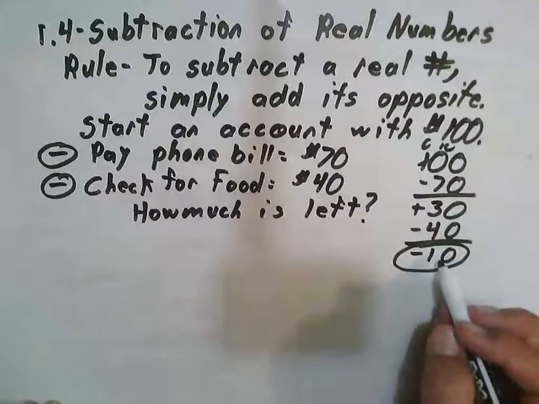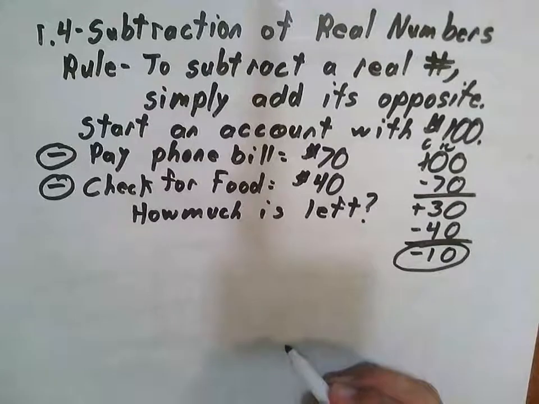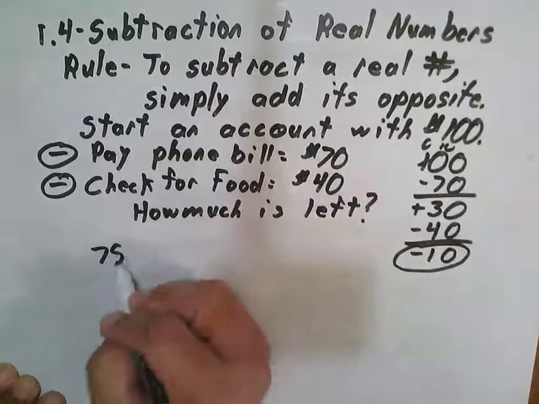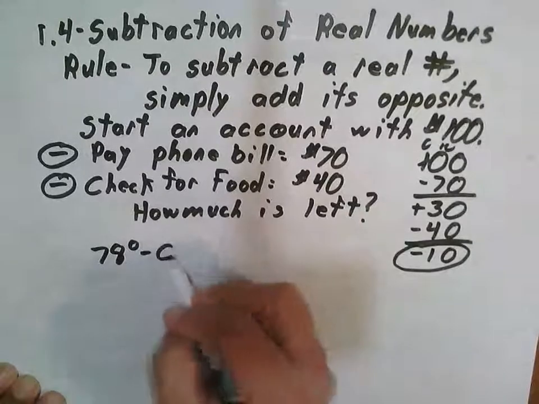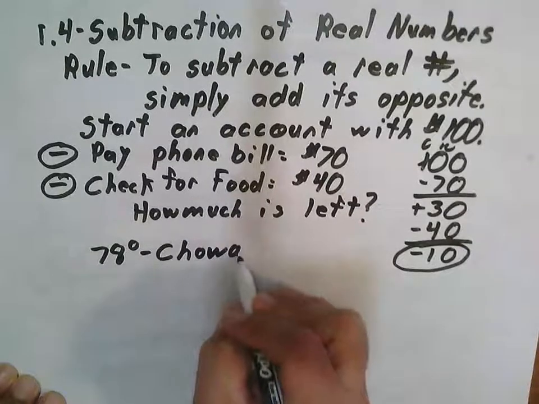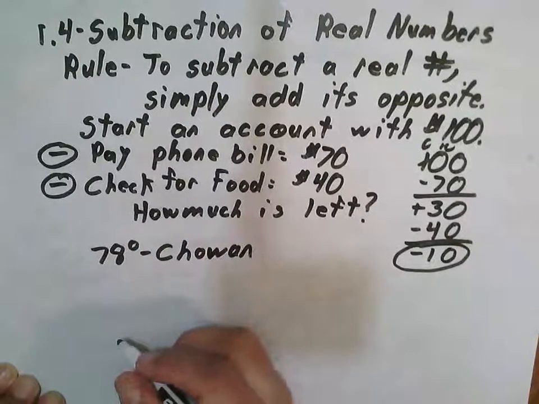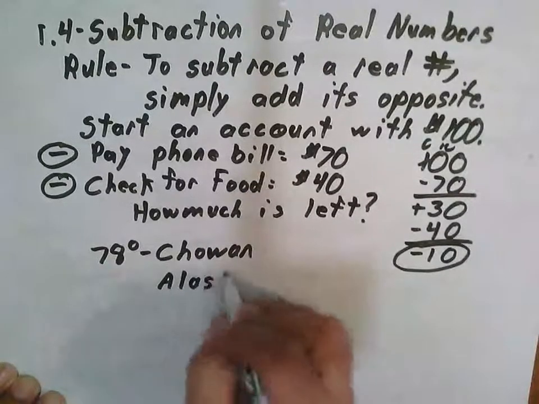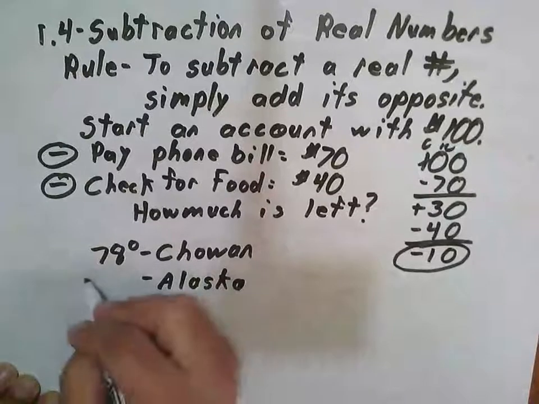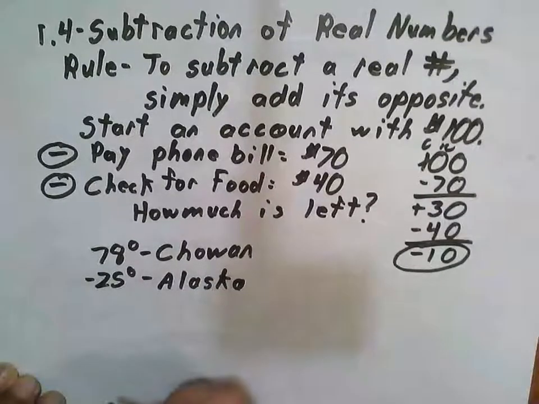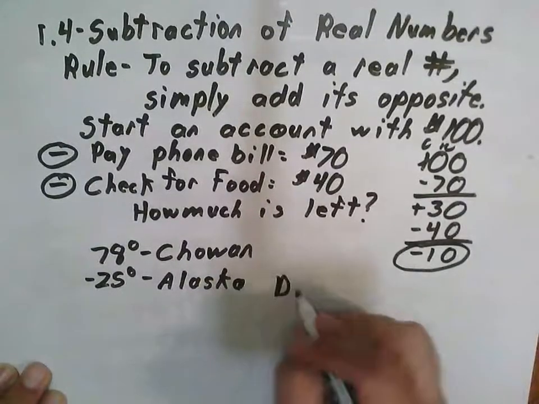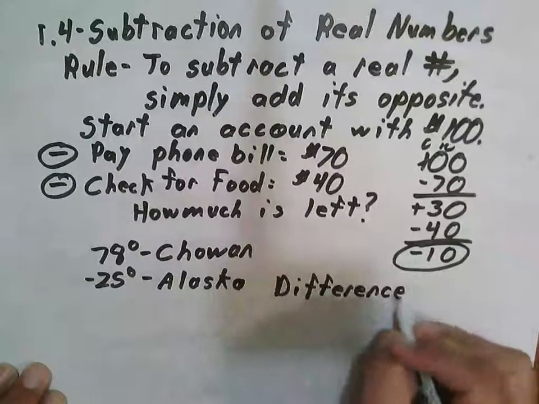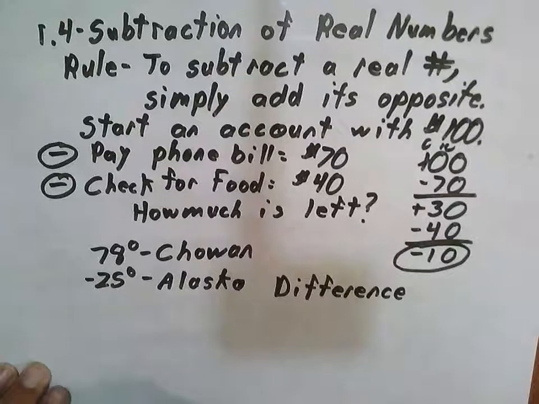Now, there are going to be examples where you're left with negative numbers. Another example is, let's say that it's 78 degrees here at Chowan. And let's say that in Alaska, it's negative 25 degrees. So the problem would say, what is the difference between the two temperatures? And remember, the difference is telling you to subtract.